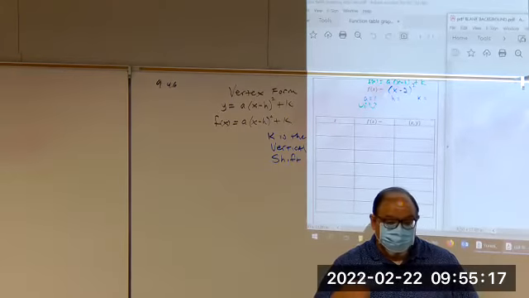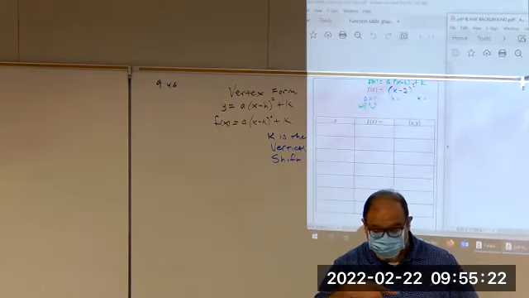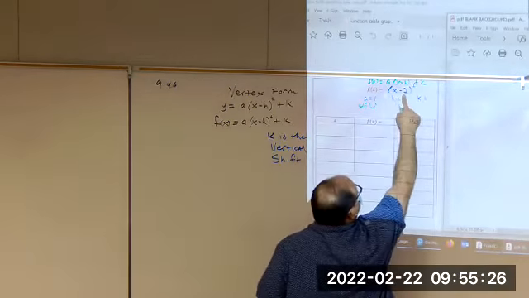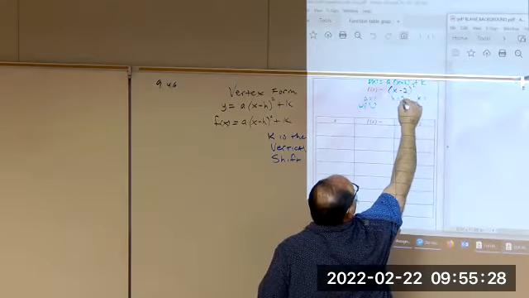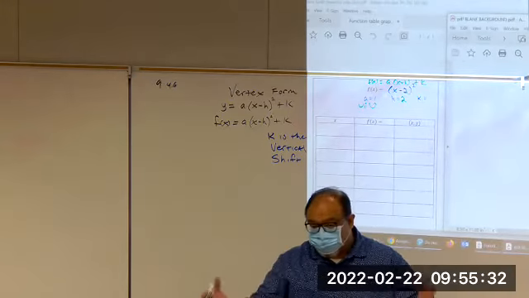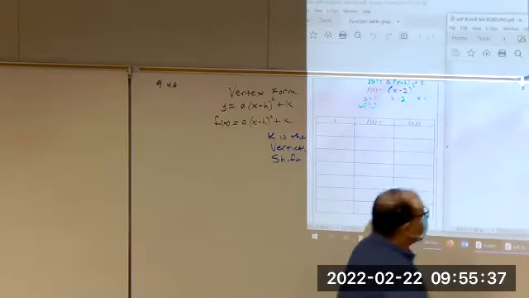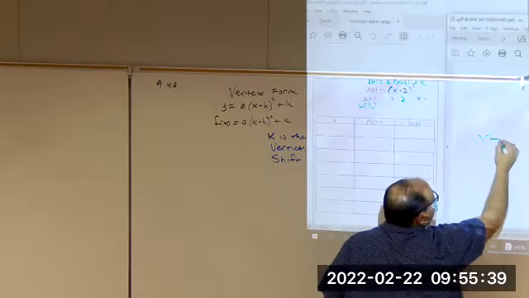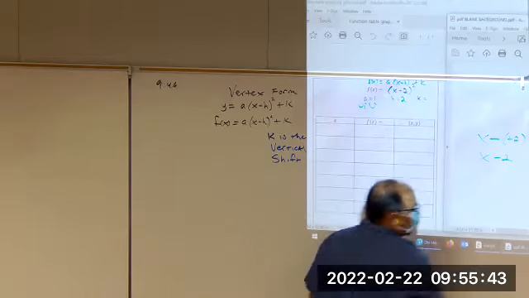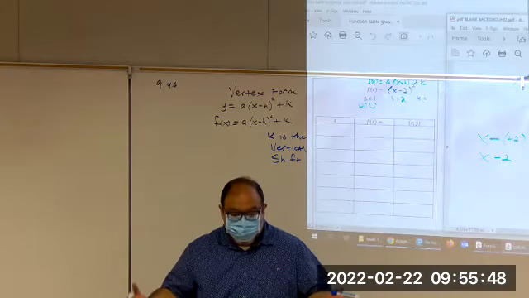That means the h in there is the opposite sign of what you see. In other words, h is a positive 2. Because what would h have to be with x minus 2? It would have to be x minus a positive 2. That's how you get x minus 2, because the negative was already there.